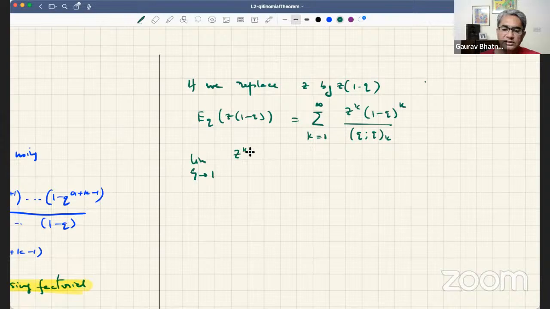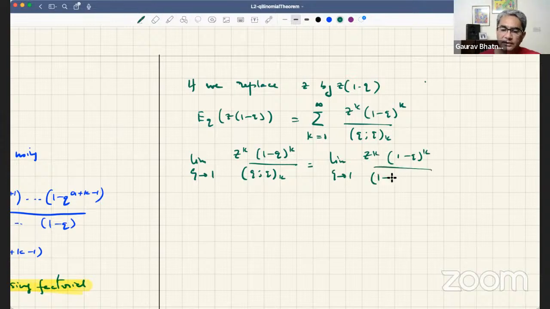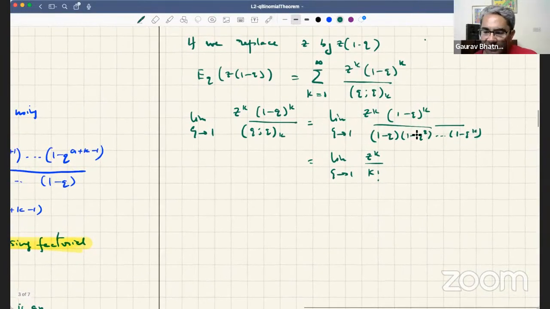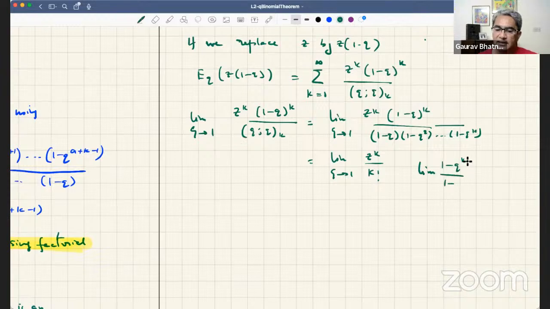Let's look at this term-wise. This is equal to the limit as q goes to 1 of z^k (1-q)^k, and here you get 1-q, 1-q^2, and so on. So you get k factorial using the same limit. Again, this is as difficult as it gets taking limits here. This limit we are using.